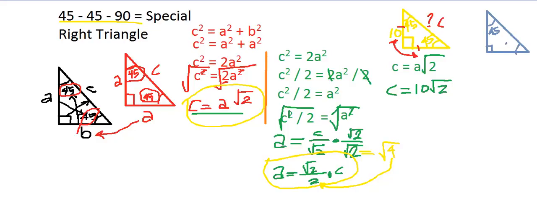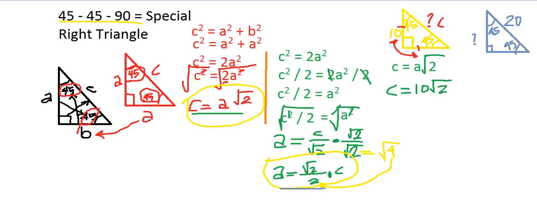This is also 45. Now what if the given this time is the longest side? Say this is 20. So we're going to find the measure of one of the sides. Anyway, they are the same because they are congruent. So we will use this pattern. So we're going to find a.